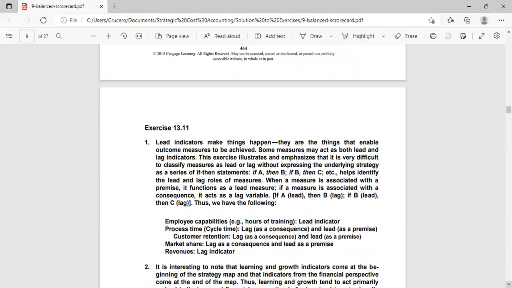Now we go to number 11, balanced scorecard, lead and lag variables, double loop feedback.